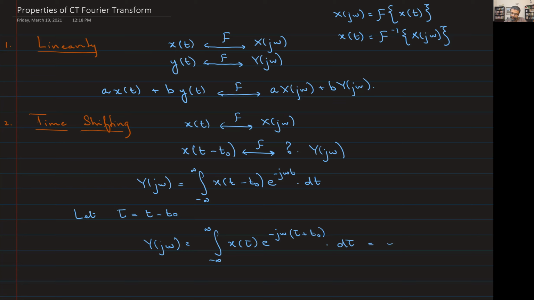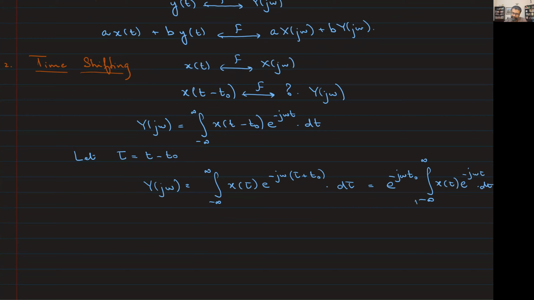This therefore equals e raised to power minus j omega t naught times the integral from minus infinity to plus infinity of x of tau e raised to power minus j omega tau d tau. What you have inside this integral is nothing but the Fourier transform of x. So Y of j omega is equal to e raised to power minus j omega t naught times X of j omega.